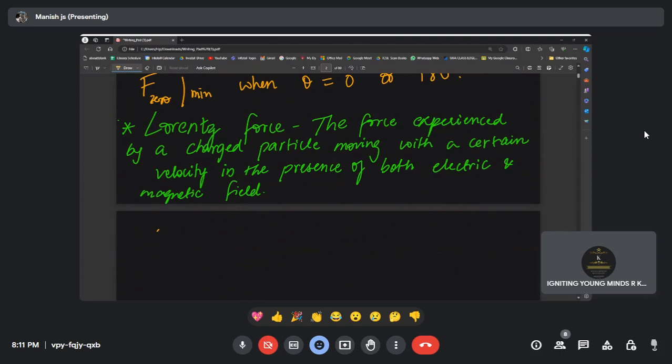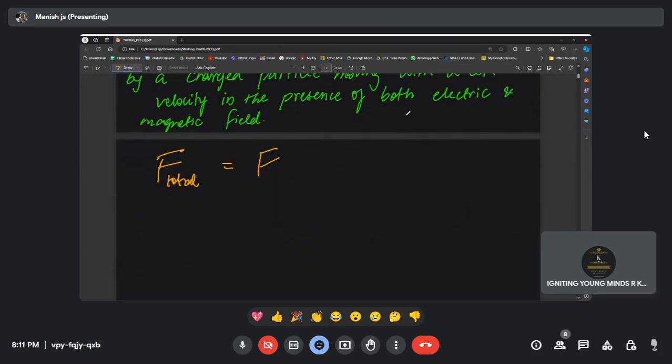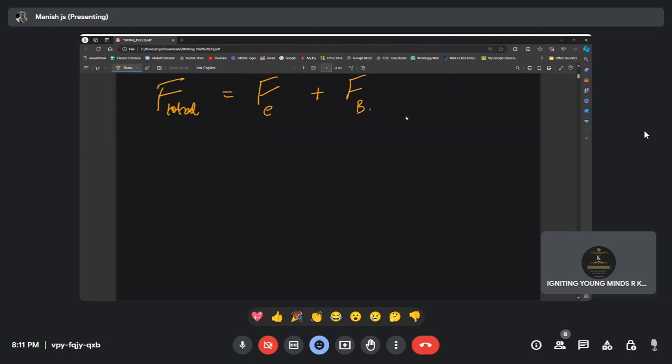Okay, so let me call it F total. So the total force experienced by the particle in motion is basically the sum of the forces experienced due to, so I will write F electric, Fe, plus F magnetic, which I will put as Fb. Now what is Fe?